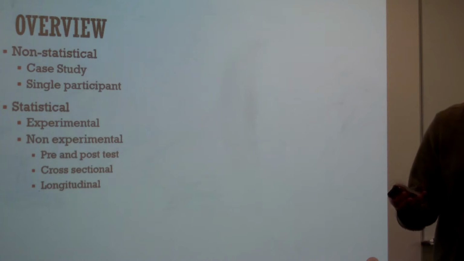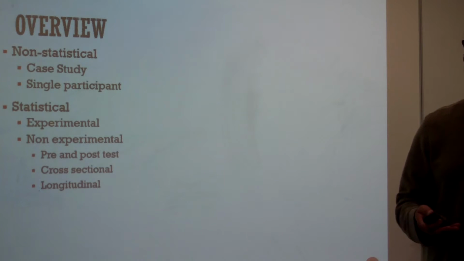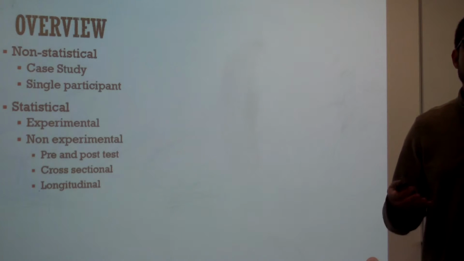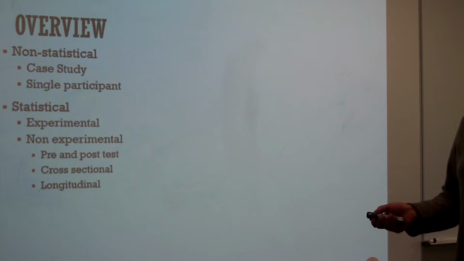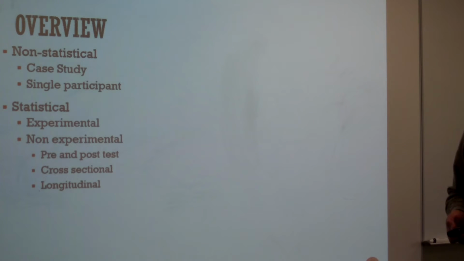When we mention any kind of statistics like mean, median, that always represents data based on a group of people or group of agencies or group of any kind of objects. We'll first talk about the non-statistical, and specifically two types of non-statistical, and then we'll talk about two different types of statistical research designs.